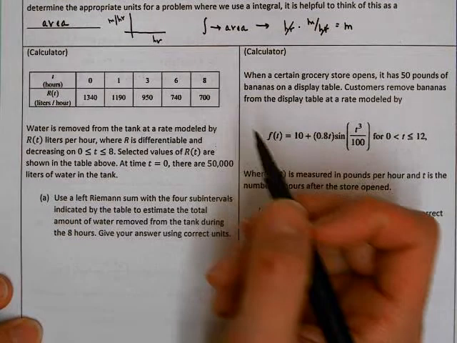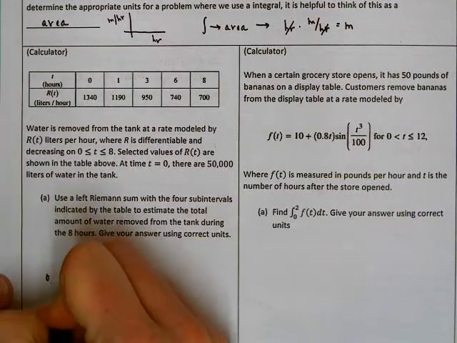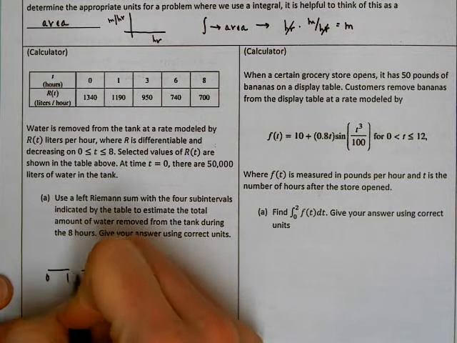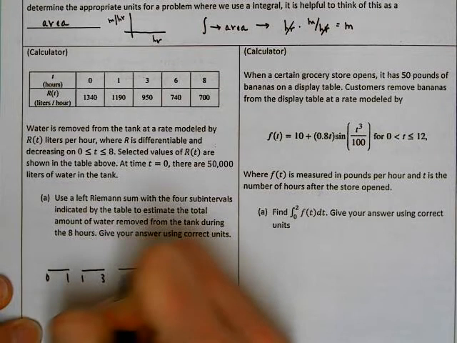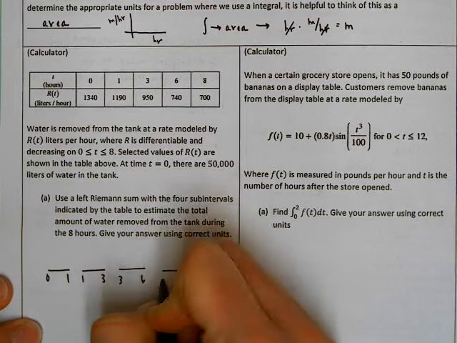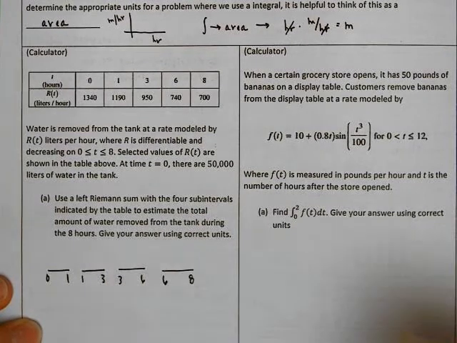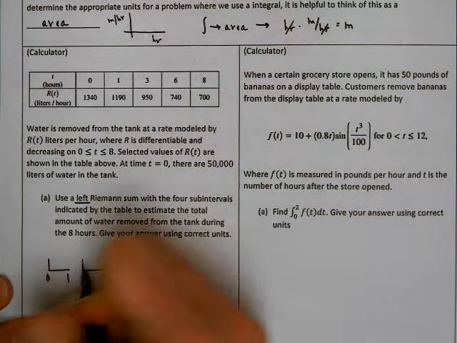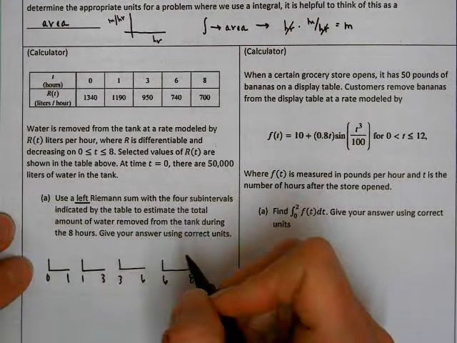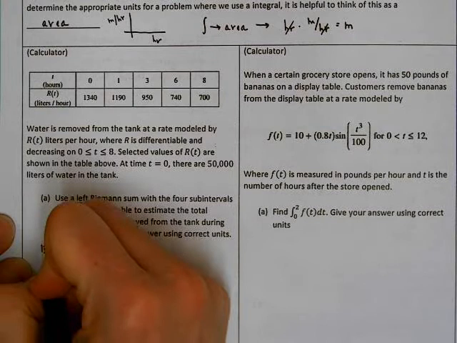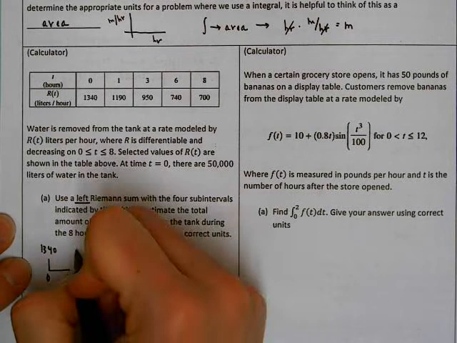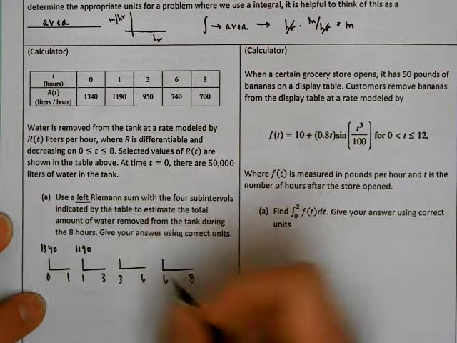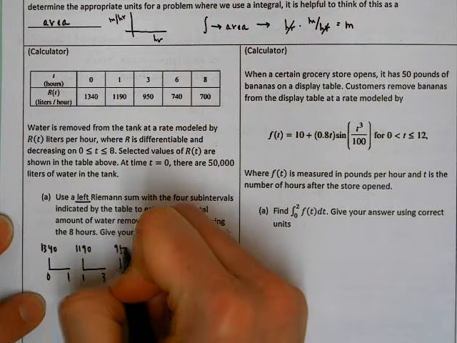So we have 4 subintervals, so we go from 0 to 1, 1 to 3, 3 to 6, and then 6 to 8. Now, since we're using a left sum, we want to take those left endpoint values. So at 0, I have 1,340. 1 is 1,190. 3 is 950.